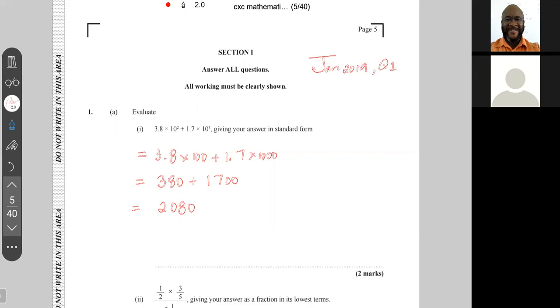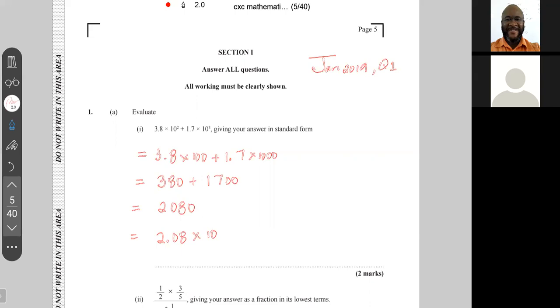Now, whenever you write a number in standard form, the decimal point must come immediately after the first significant figure. So the decimal point must come immediately after the 2. So it's going to be 2.08 times 10 raised to a power.